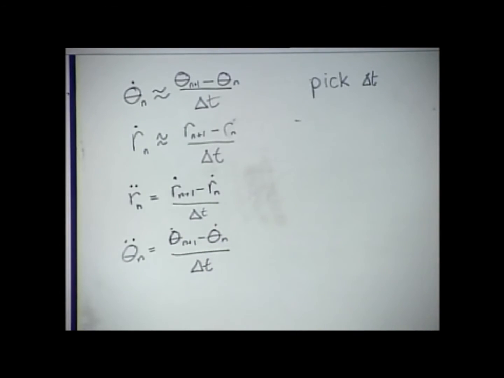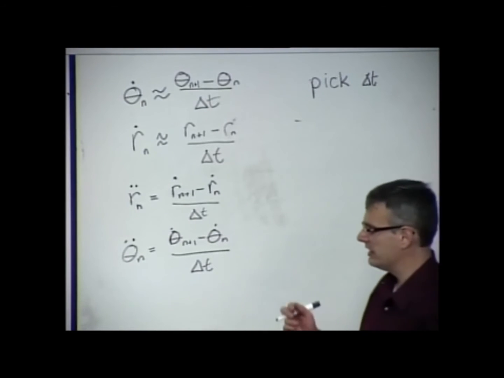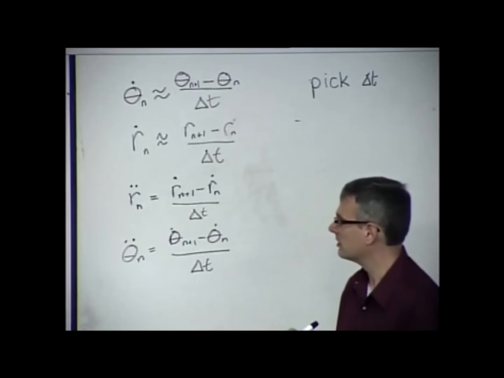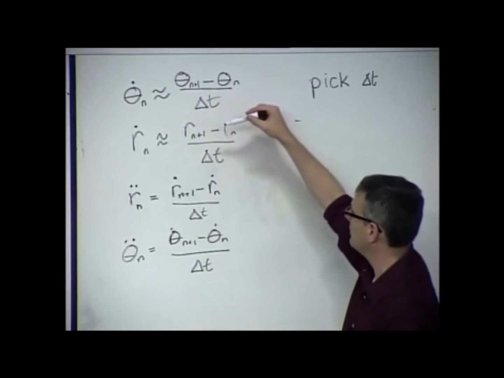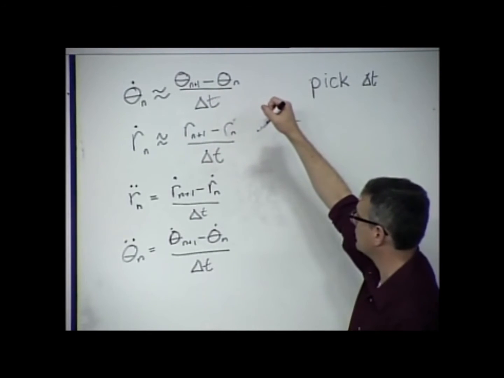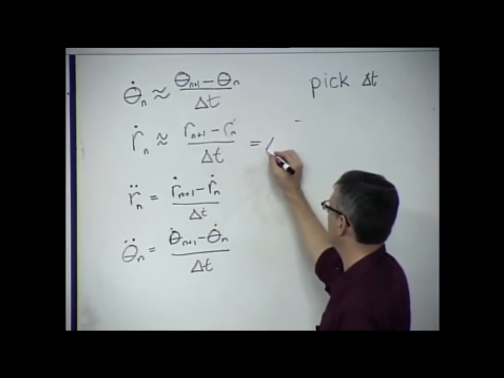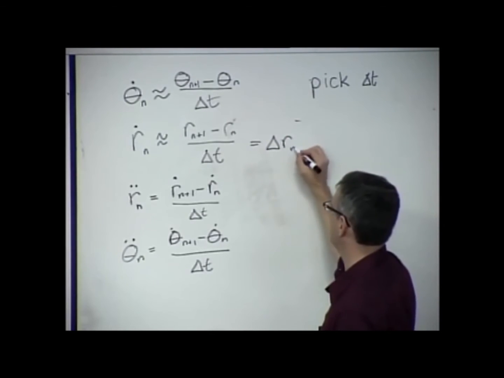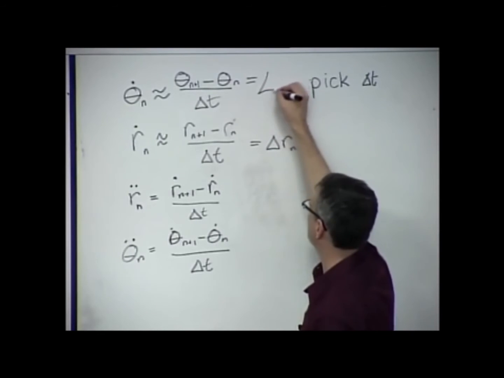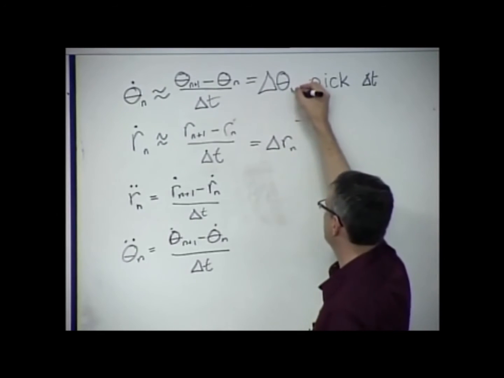And I divide by delta t. And so, here it is. I'm going to call this delta r sub n. And I'm going to call this delta theta sub n.